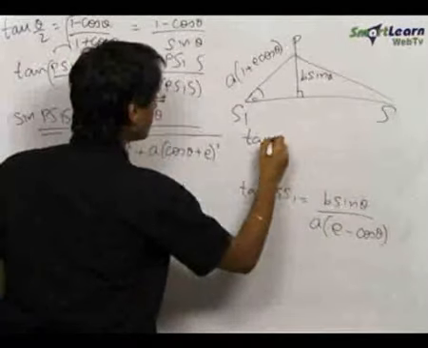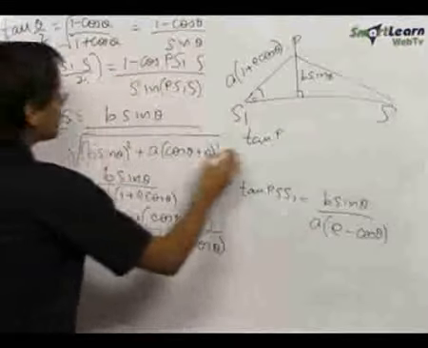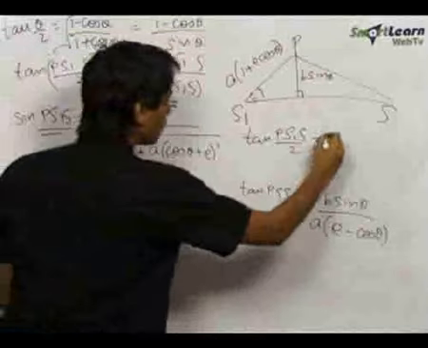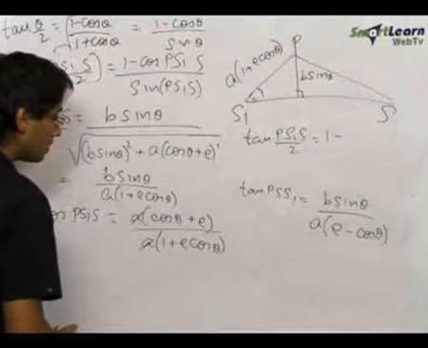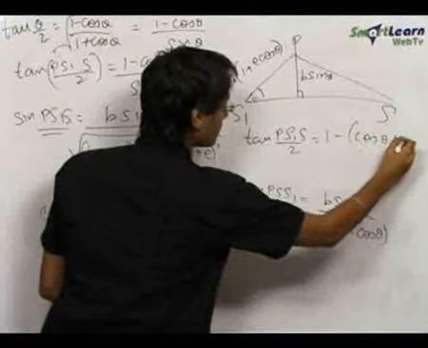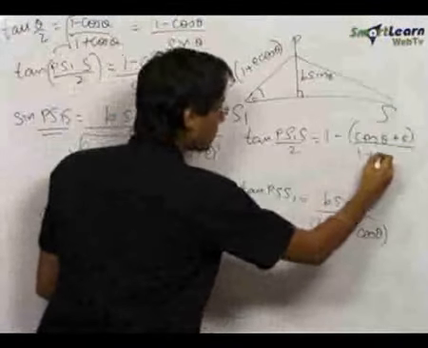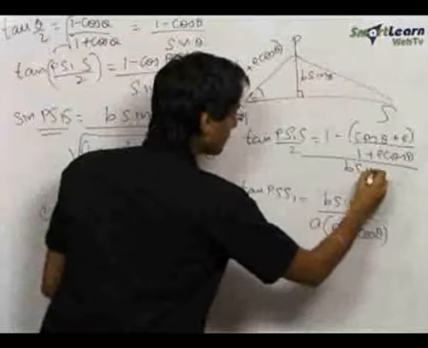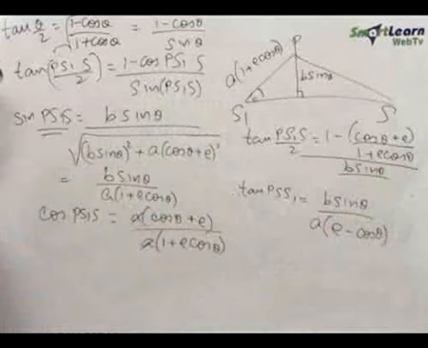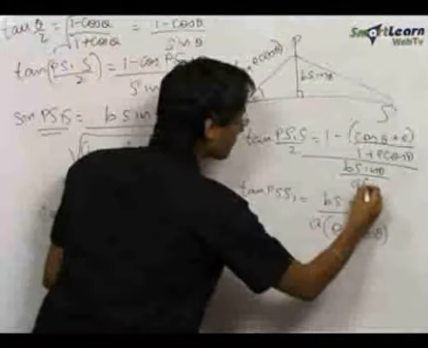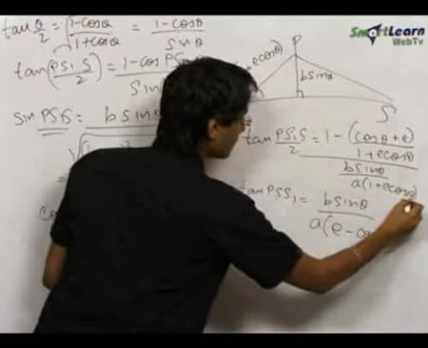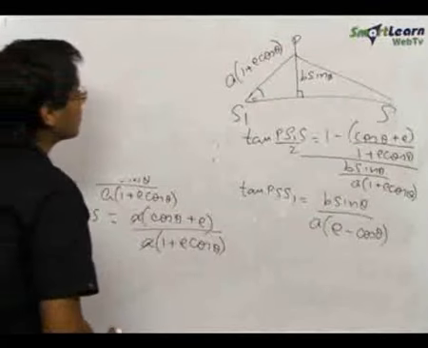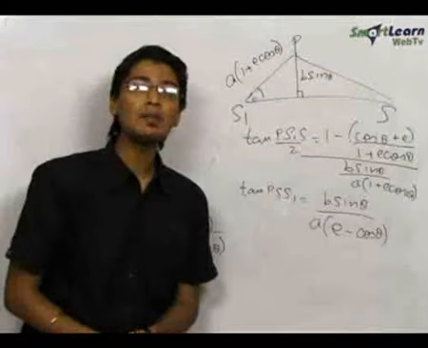So tan of PS1S by 2 is equal to 1 minus cos of this angle, that is 1 minus this, the A and A get cancelled, this becomes cos theta plus E upon 1 plus E cos theta, whole divided by B sin theta upon A times 1 plus E cos theta. This is a problem which is entirely based on the geometry of the triangle PS1S.